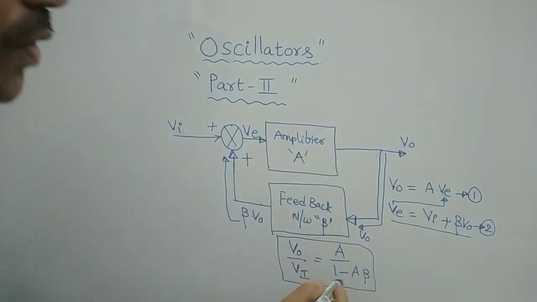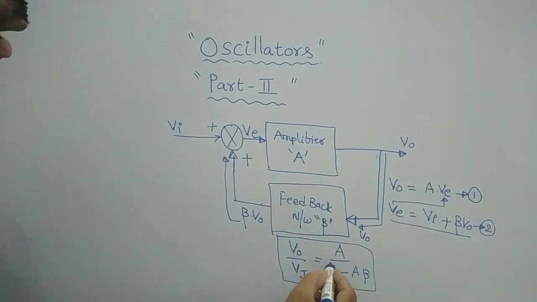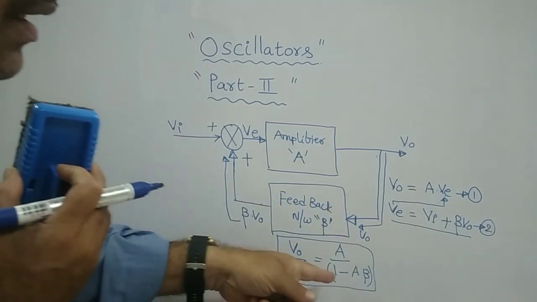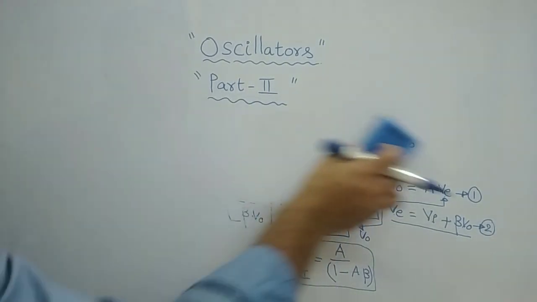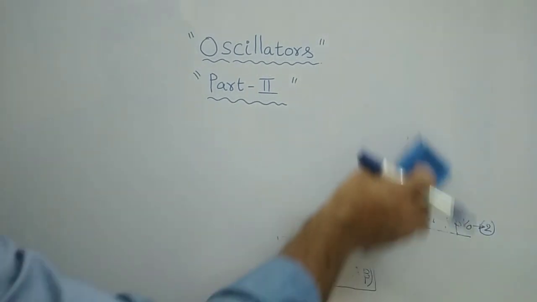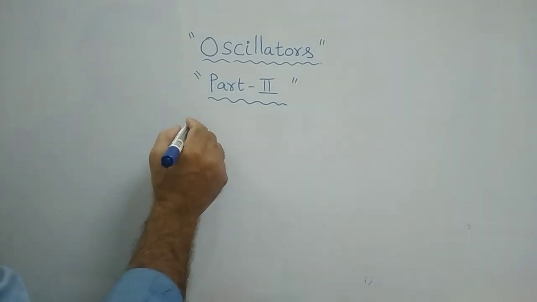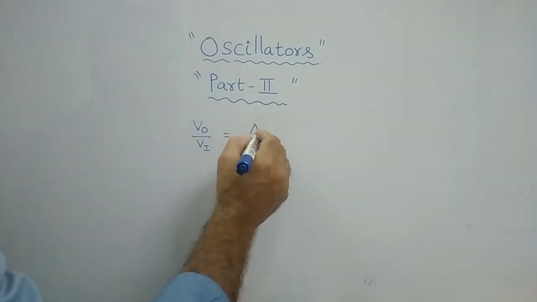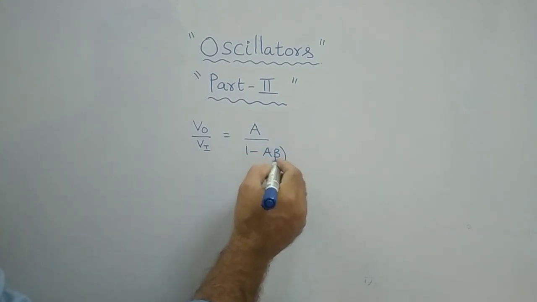If you look at the denominator, 1 minus A beta, I am reminding you once again of what I explained in the last presentation, for your better understanding.